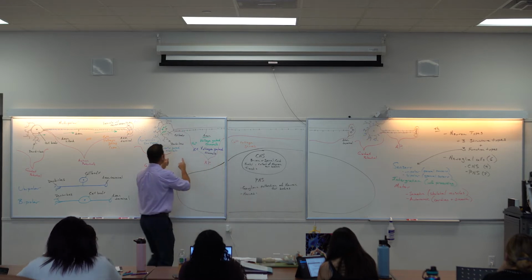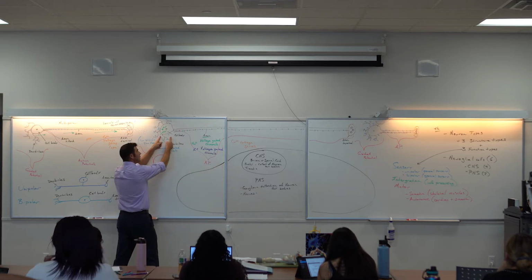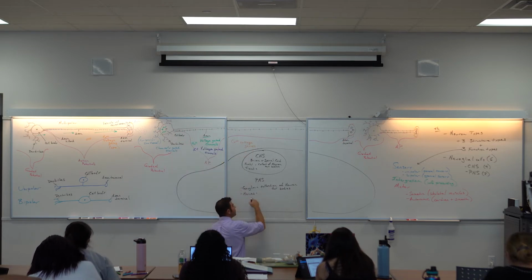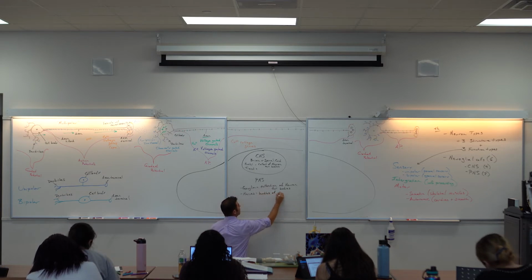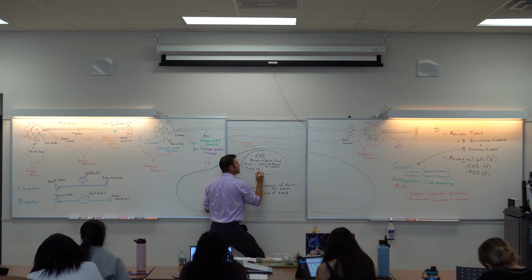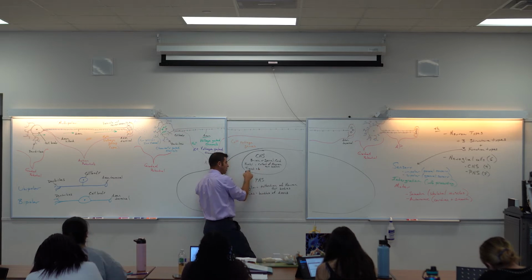If we're not concerned about the collection of neuron cell bodies, and instead we're thinking about a bundle of axons, those bundles of axons are called nerves when they're out here in the peripheral nervous system. But those same bundles of axons in the central nervous system are going to be called tracts.